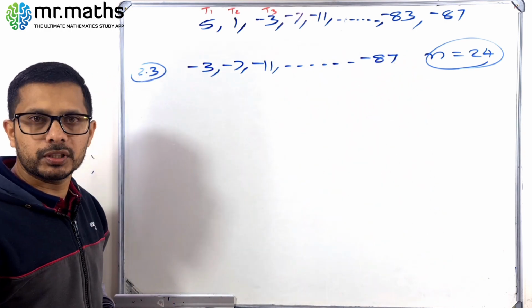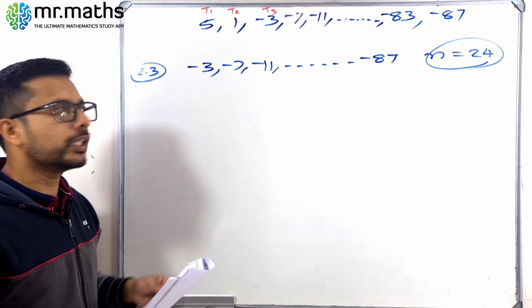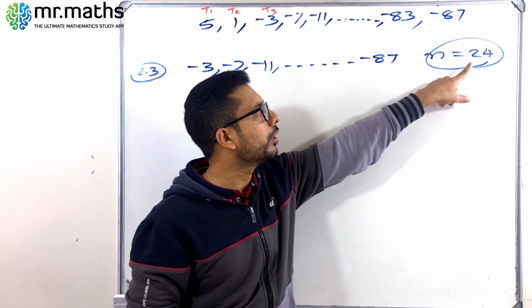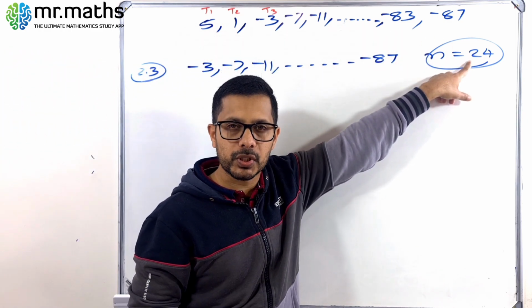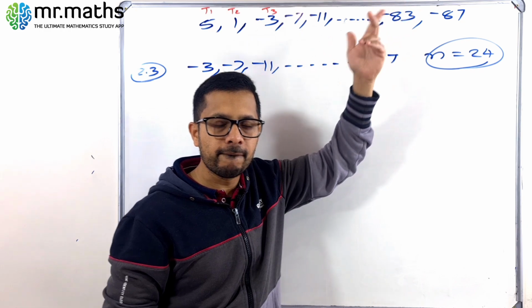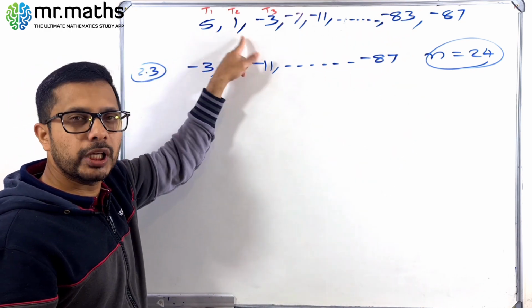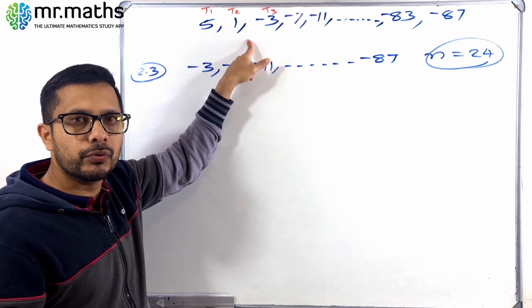So how many terms are here in this sequence? We already got 24 terms from the previous question. From those 24 terms, 2 terms are positive, so we have to avoid those.